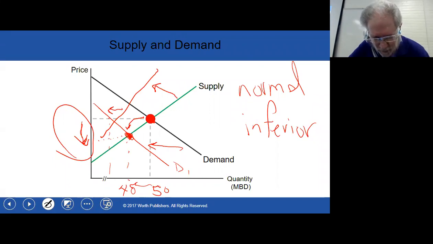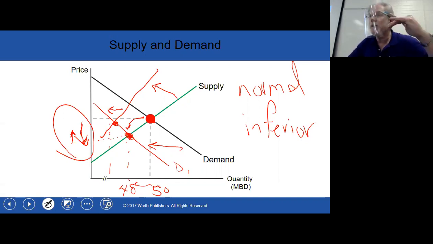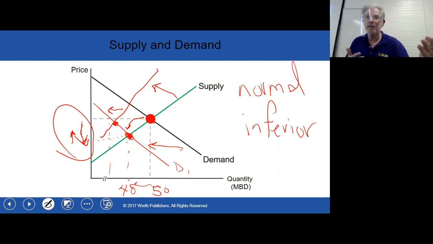So that would move our equilibrium from here to here. Clearly, that is tending to push the price up. When we have two changes, we have to look at each change separately. And we see that price is being pushed down by the demand decrease, price is being pushed up by the supply decrease. We've got opposite effects going on.